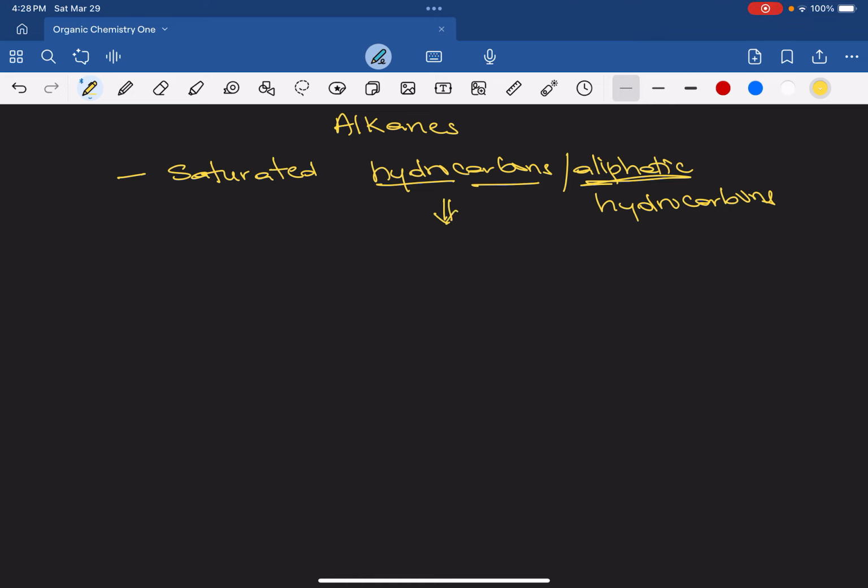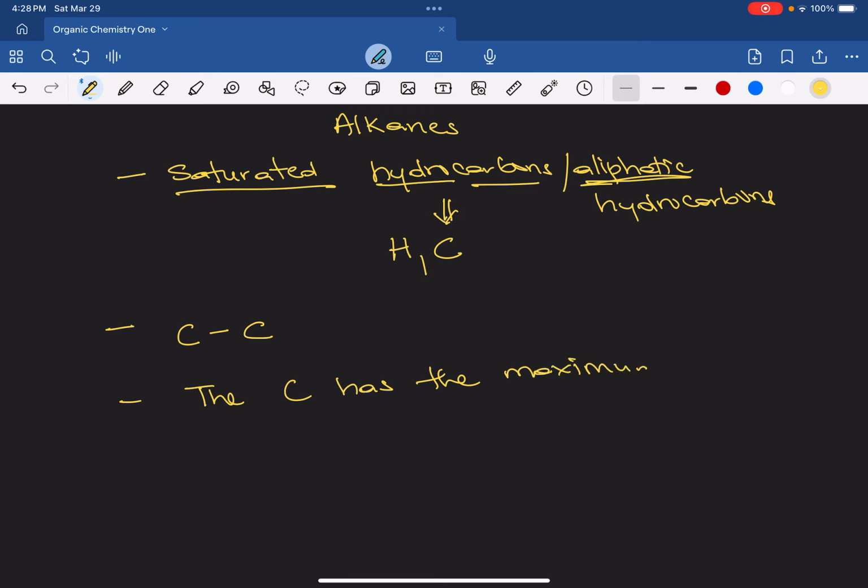Hydrocarbon means that your alkane only contains hydrogen atoms and carbon atoms, right? Saturated means that your alkanes only consist of carbon-carbon single bonds, okay? And the carbon has the maximum number of hydrogens bonded to it.